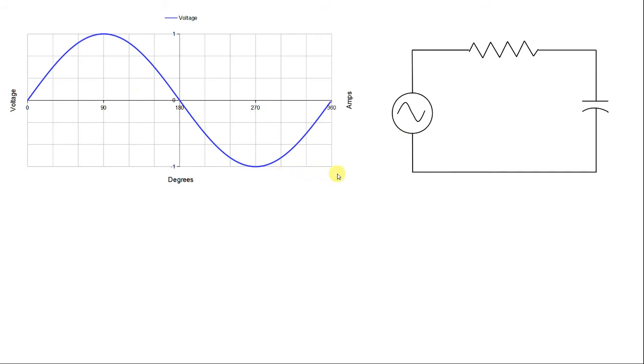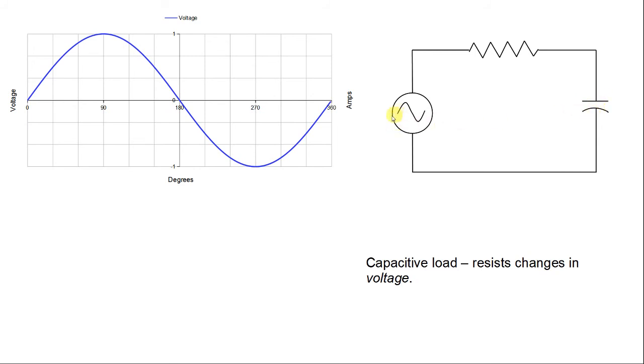Still have my same sine wave. Now a capacitive load differs from an inductive load in that it resists changes in voltage. If you recall from our earlier lesson on capacitance, a capacitor is much like a battery in the circuit where it gets charged up and then can discharge into the circuit.